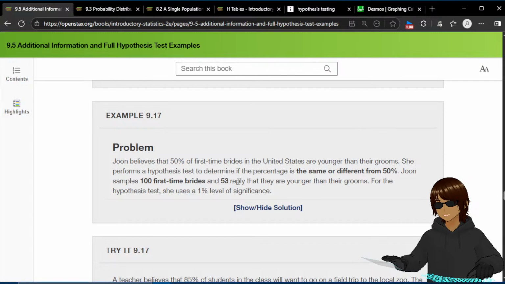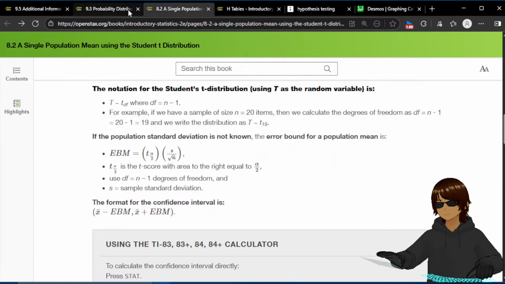53 replied that they're younger than their grooms. Okay, let's see.